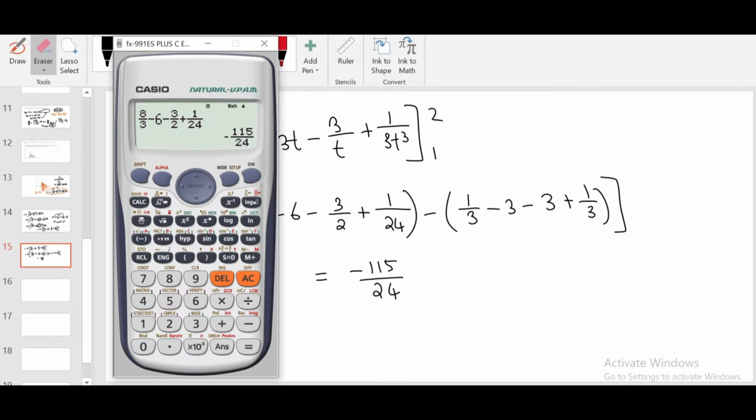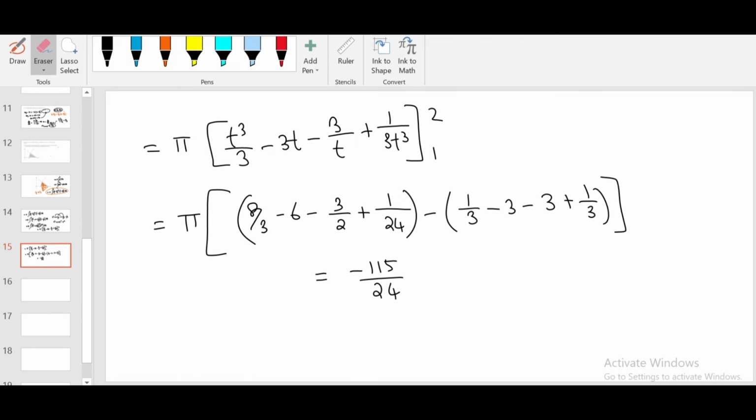And then the second one, minus 1 over 3 plus 3 plus 3 minus 1 over 3. Answer: 13 over 24, and there is a pi outside, so the answer is 13 pi over 24.